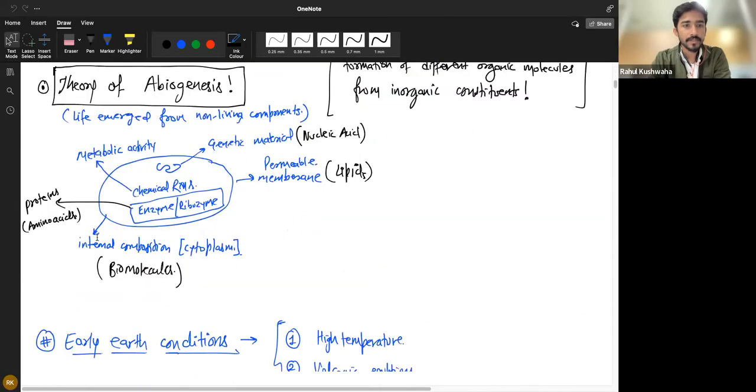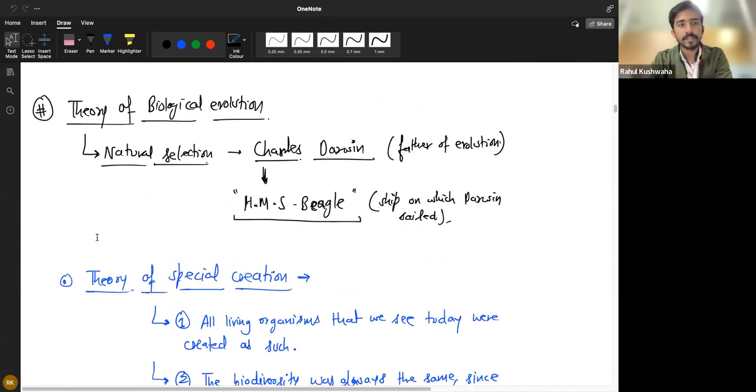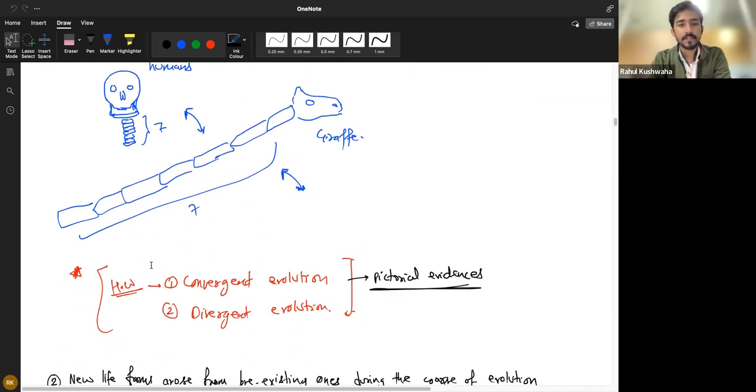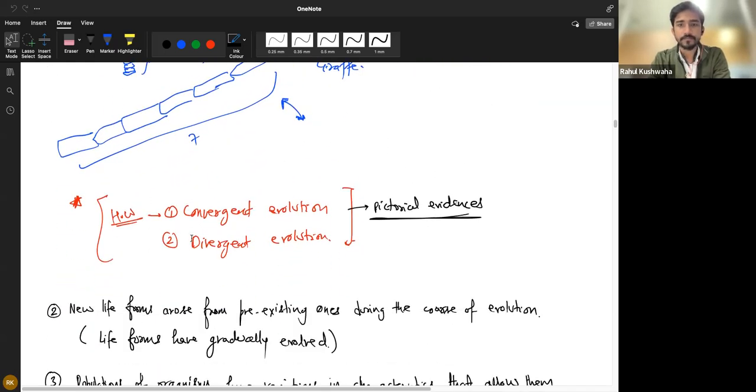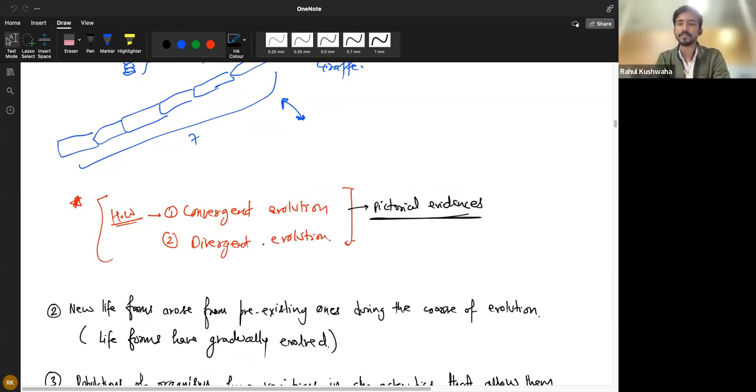Before we go to convergent and divergent evolution, when we were studying this chapter, we started with evidences, right? Convergent and divergent evolution started as a theory because people started thinking that maybe this could be a mechanism or a way how evolution operates.